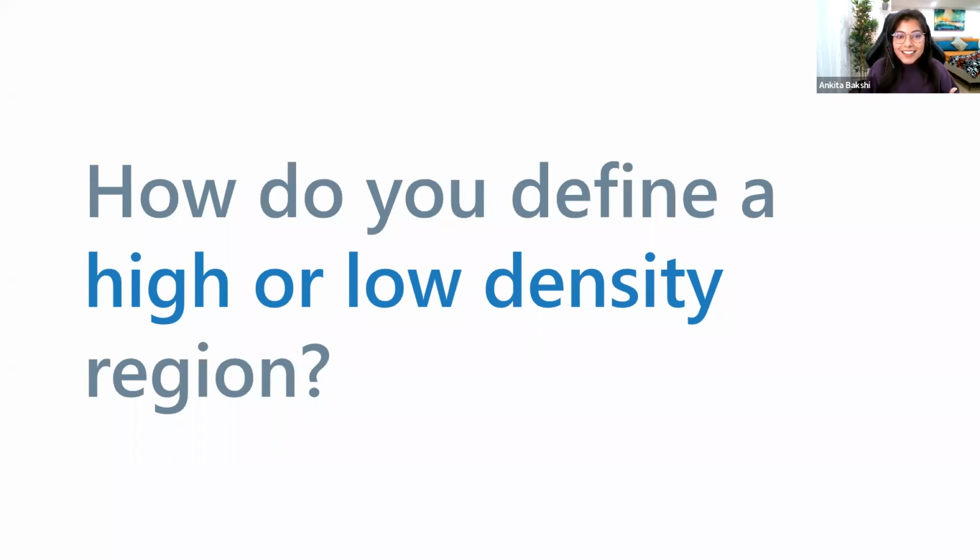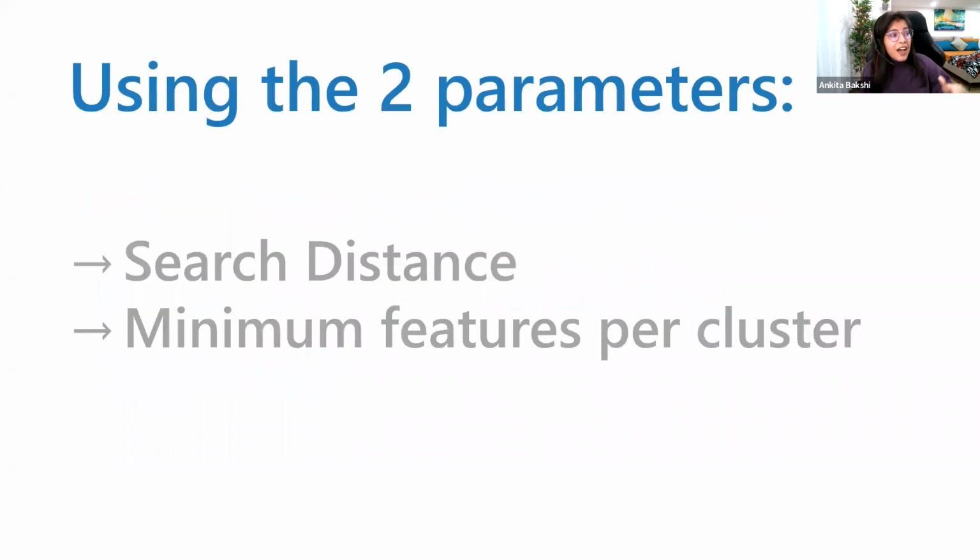You need to define what you consider to be a high density region. You can tweak it using two parameters in the tool: the first one is the search distance, and the second one is the minimum features per cluster. You use these two parameters to define your area of high or low density region.